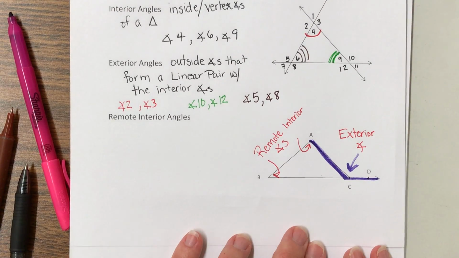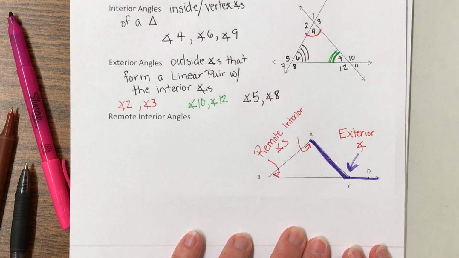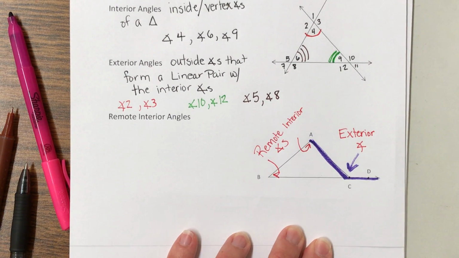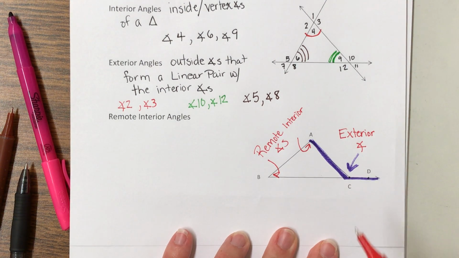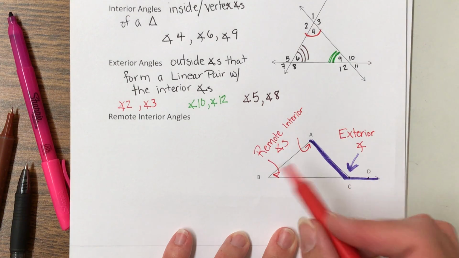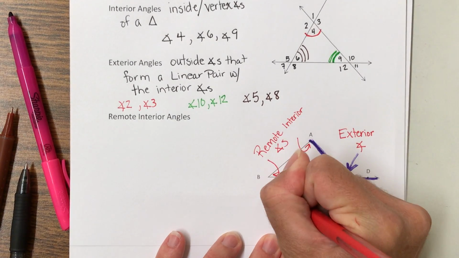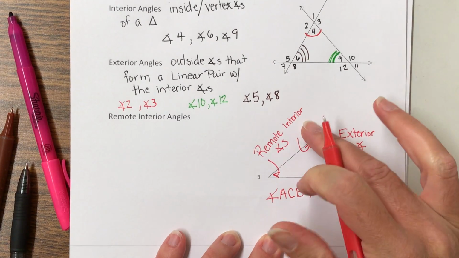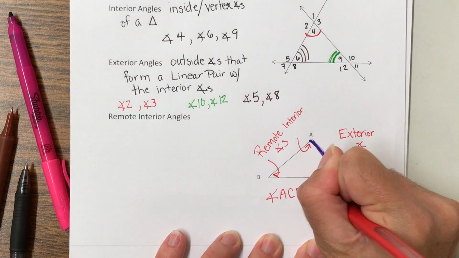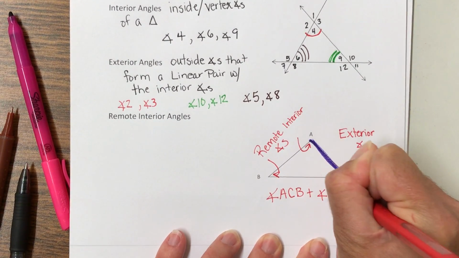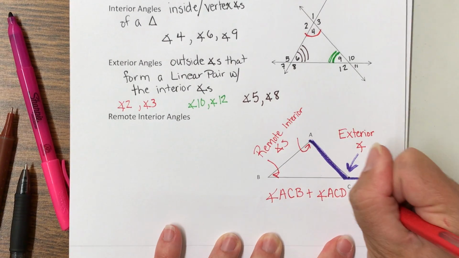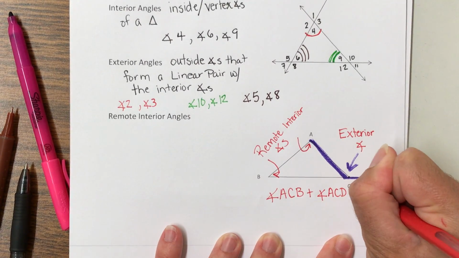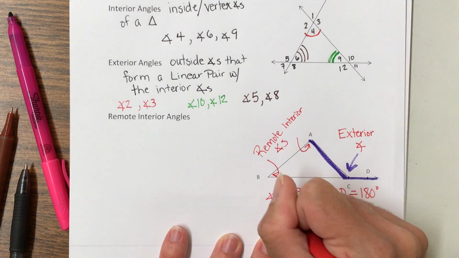And what's going to be special about this is, you're going to learn about a theorem that goes along with this, but I want you to note that angle ACB and angle ACD are supplementary because they're a linear pair, so they're going to add up to 180 degrees.